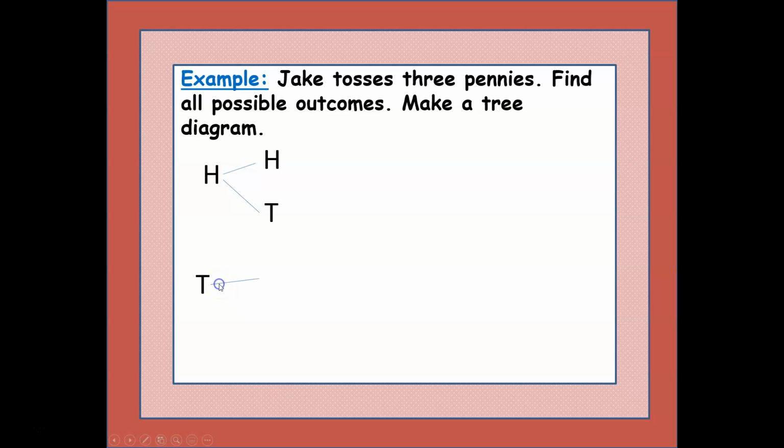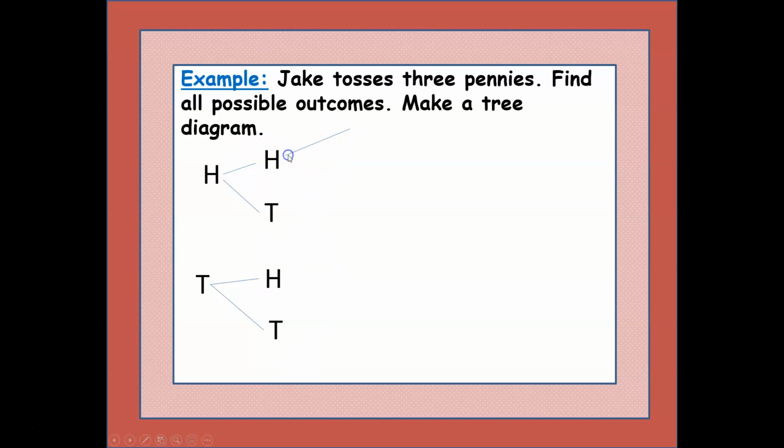For tails, he once again has 2 new outcomes. He can flip a heads, or he can flip a tails. So this is what happens on our first flip. These are the things that can happen on our second flip. Now we need our third flip.